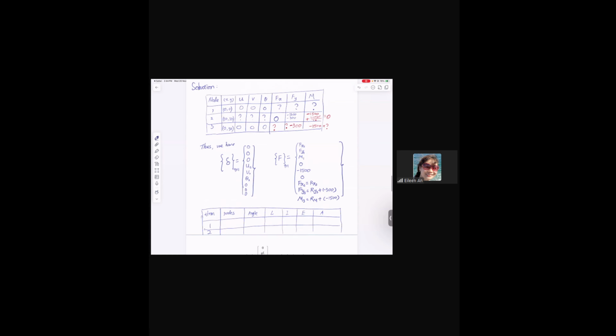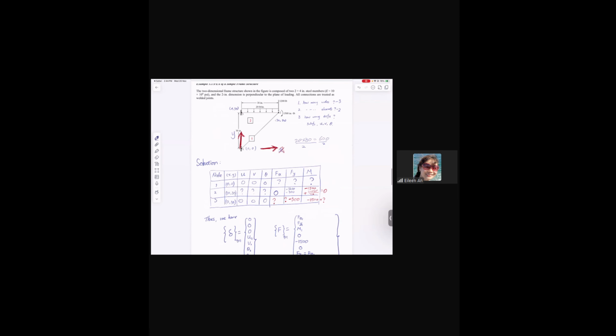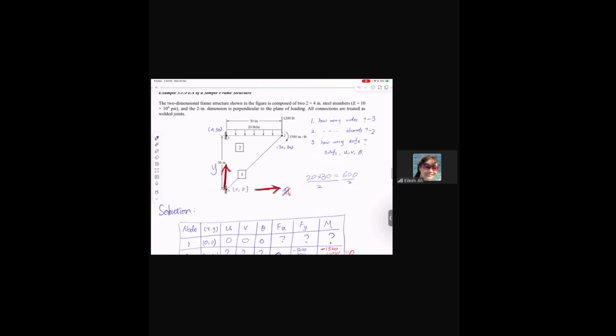Okay, now let's have a look. For these 2 elements, what's the direction we want to use? For the first element, I already labeled the first element and the second element. Now, can you let me know the direction of those elements?